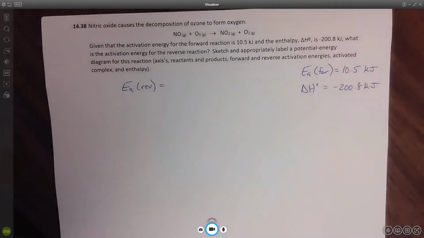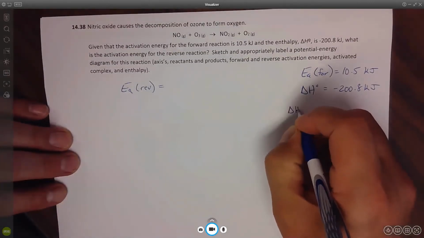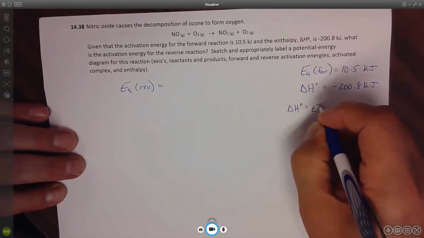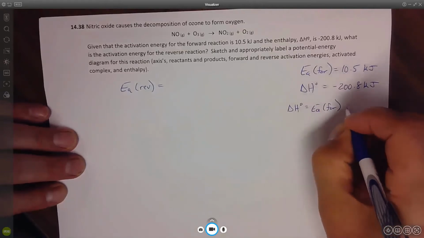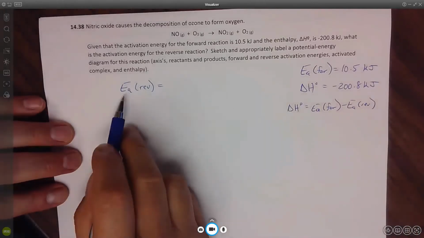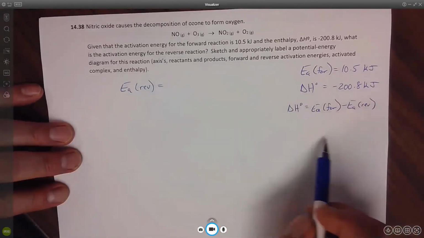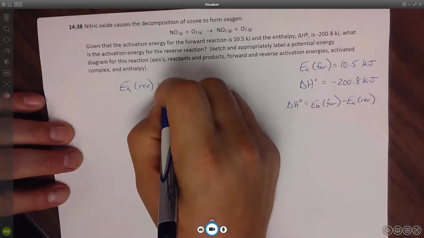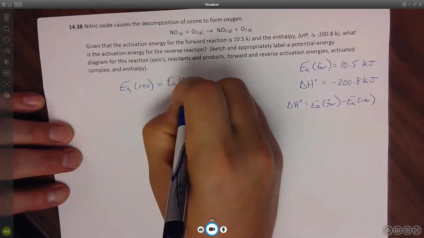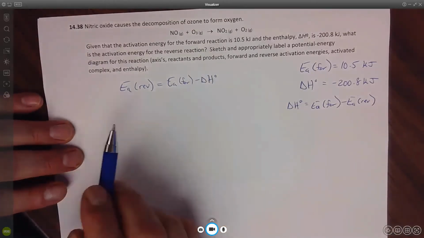Delta H equals EA forward minus EA reverse. Exactly, right? We know that the enthalpy is equal to the forward activation energy minus the reverse activation energy. So we're going to bring this over and subtract this from this side. So that means that EA forward minus delta H is going to equal our reverse activation energy.